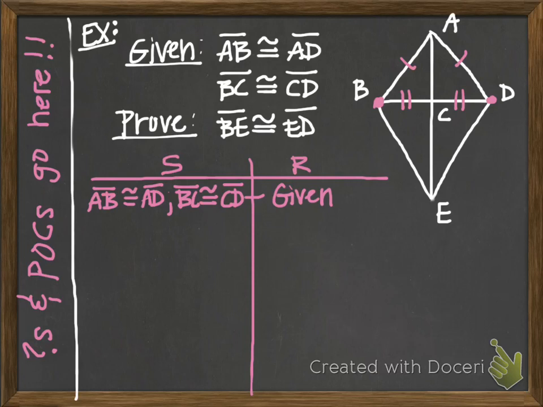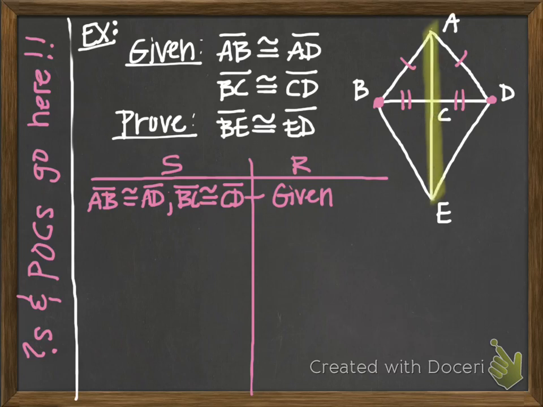So let's go ahead and write down what we know. Because AB and AD are congruent, they're the same distance. Point A is the same distance from B and D, and point C is the same distance from B and D, then A and C determine the perpendicular bisector of BD. So this perpendicular bisector I'm talking about is right here.